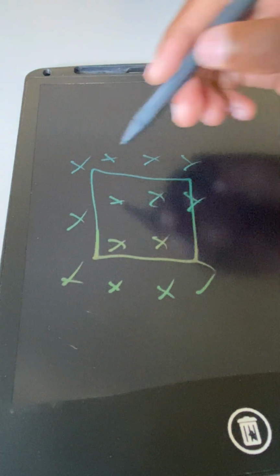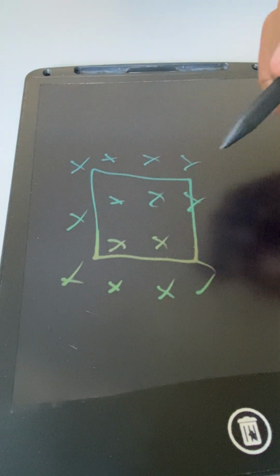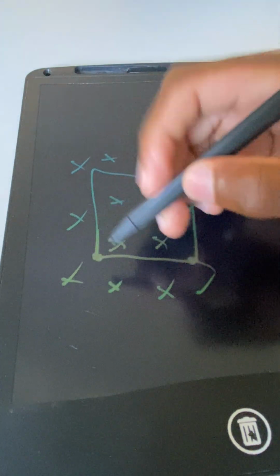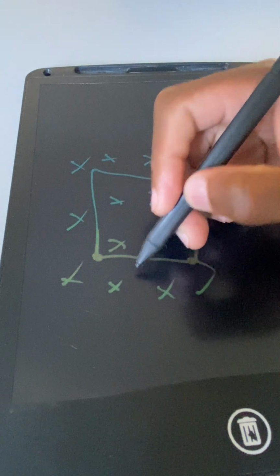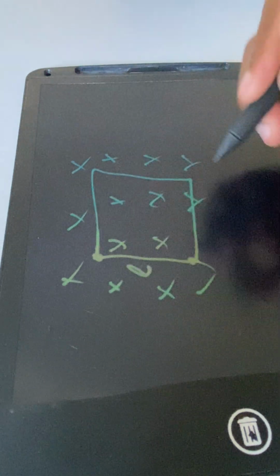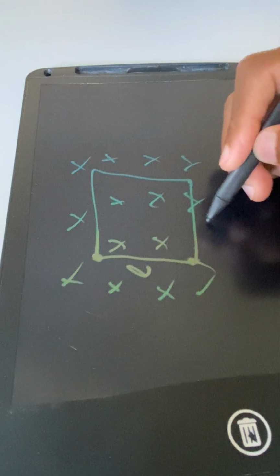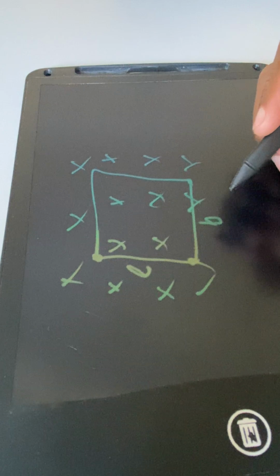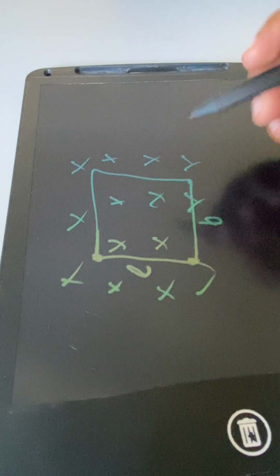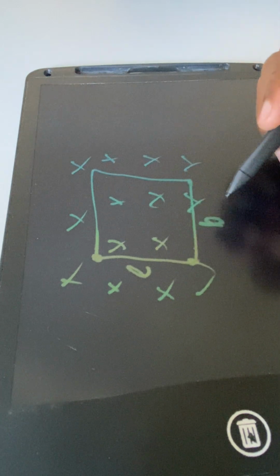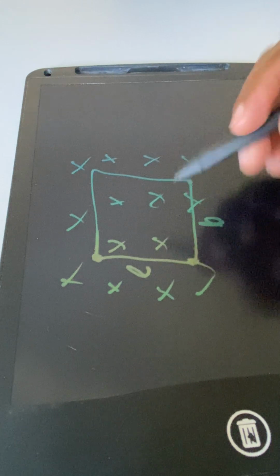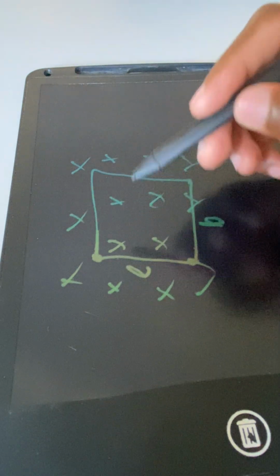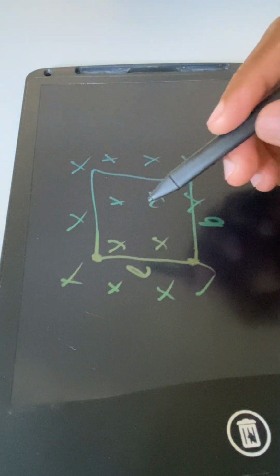This is just a loop of a current conductor. Let's represent this length as L and this length as B. And of course we're going to have the force acting on this wire.